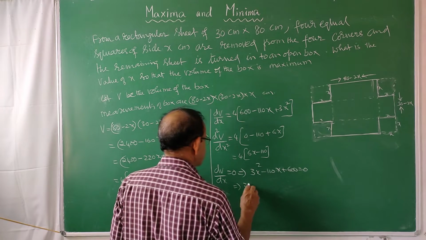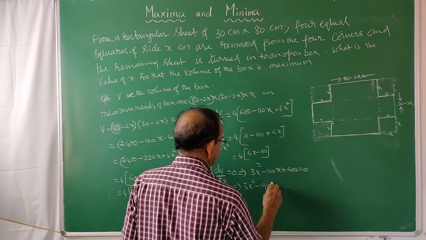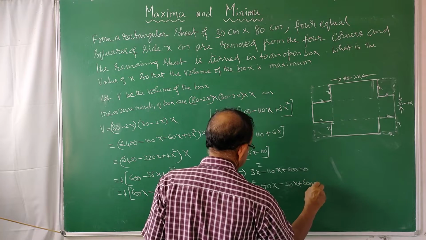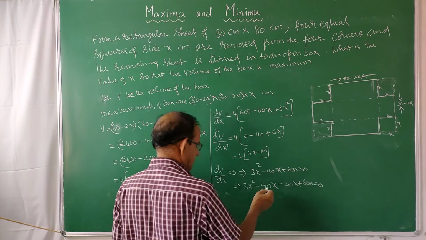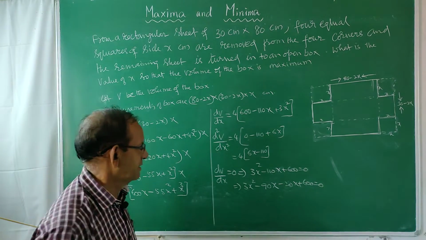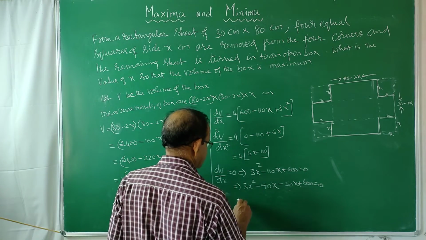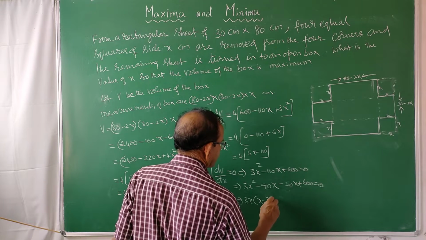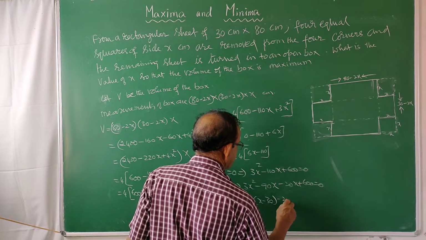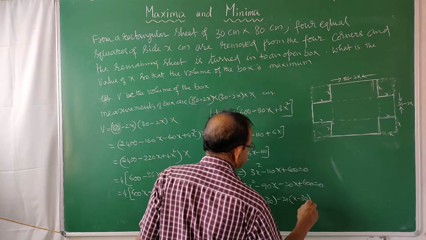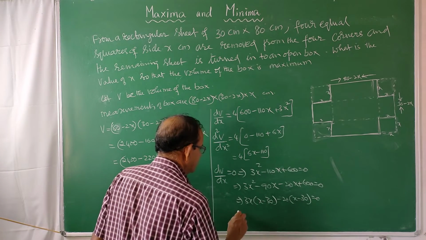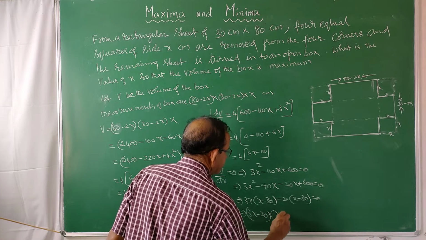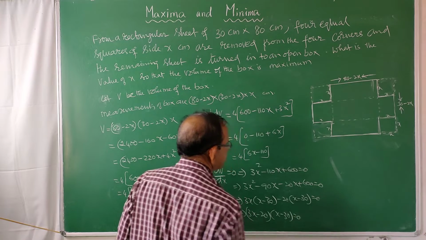That implies 3x square minus 90x minus 20x plus 600 is equal to 0. Take 3x common: x minus 30. Here you take minus 20 common: x minus 30 is equal to 0. That implies (3x minus 20) into (x minus 30) is equal to 0.